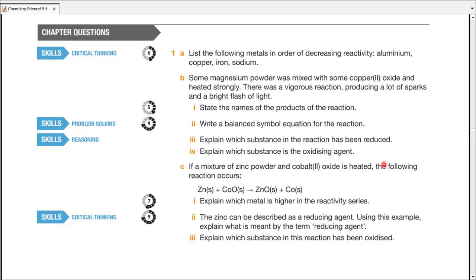This is a balanced symbol equation. You're not supposed to write an ionic equation, which means you'll only have compounds and elements, no ions.